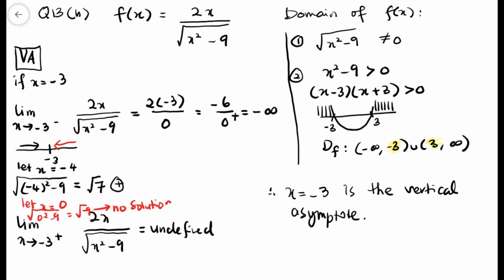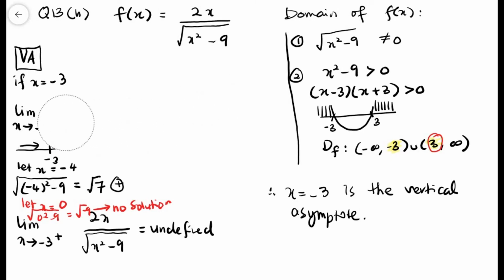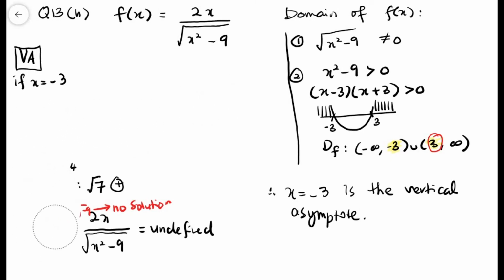But this is not the only one. You need to remember, you need to check another value of x, which is x equals 3. So next, we try to check the vertical asymptote for x equals 3.